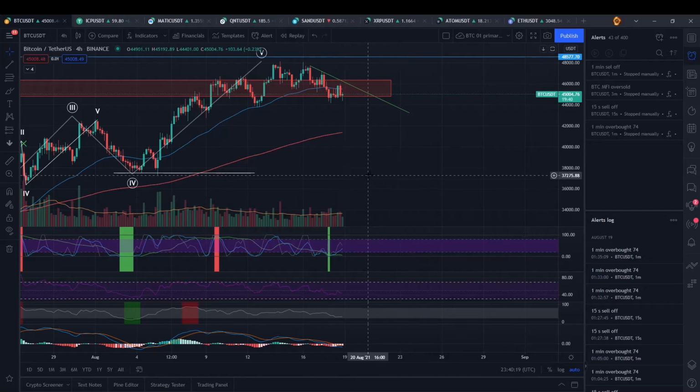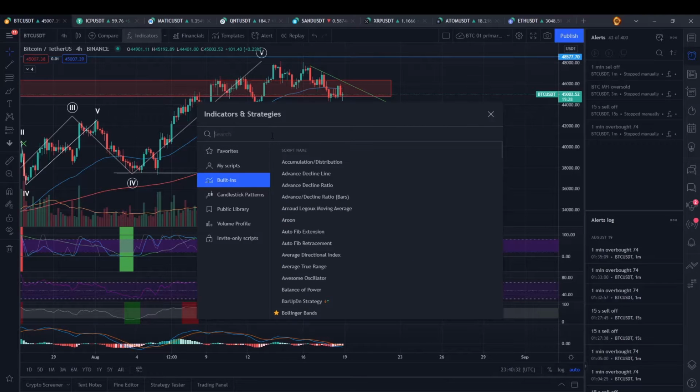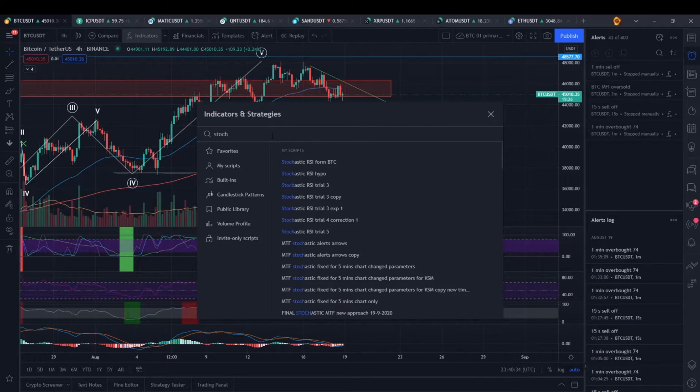So in order to understand the MTF Wave Stochastic RSI Indicator, you need to first understand the normal stochastic RSI indicator. So the normal stochastic RSI indicator, let me just load it.